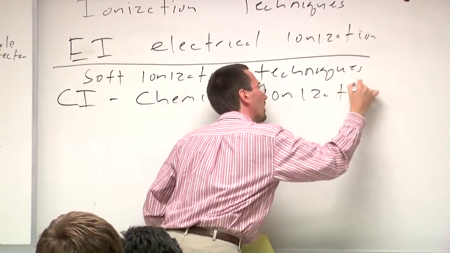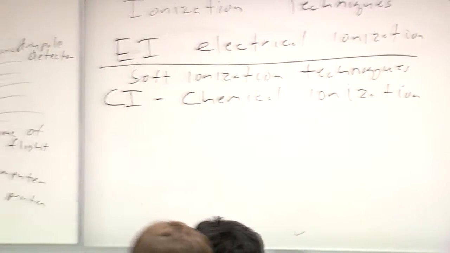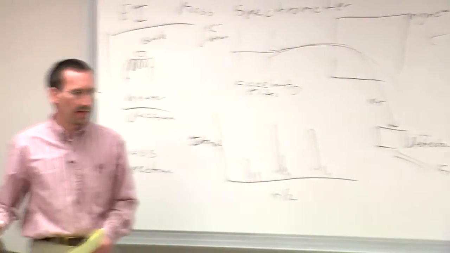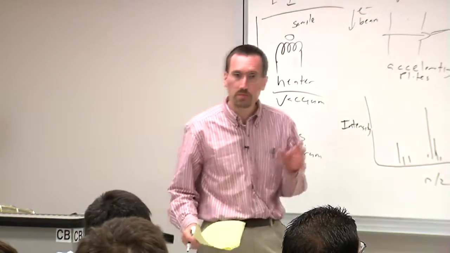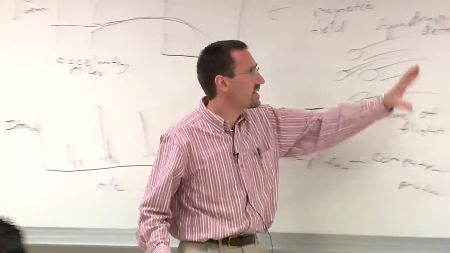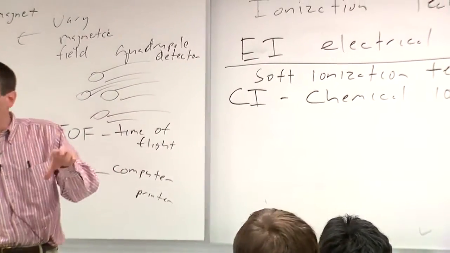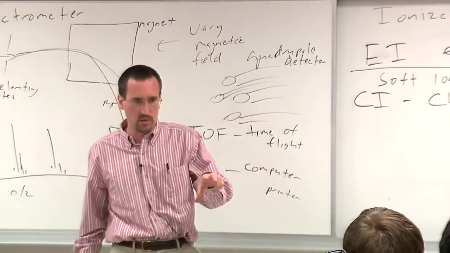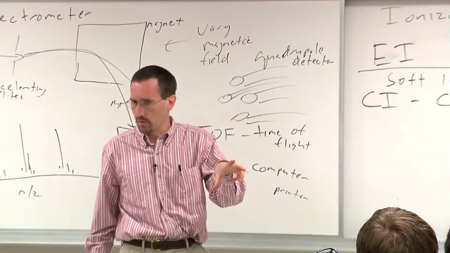And the big difference between chemical ionization and electron ionization, and the big difference between all of the soft techniques and electron ionization, is that instead of knocking an electron out of the molecule, you're putting something charged onto the molecule.